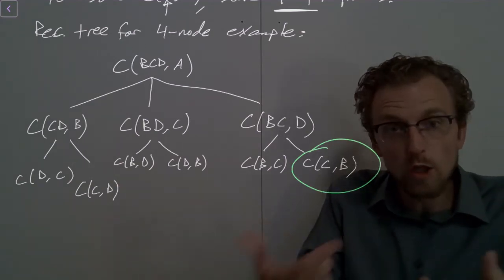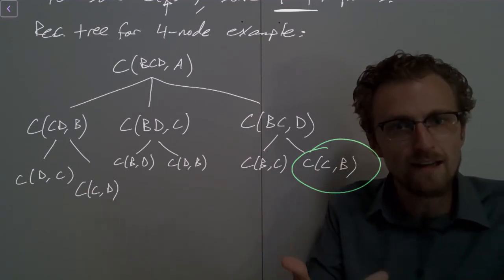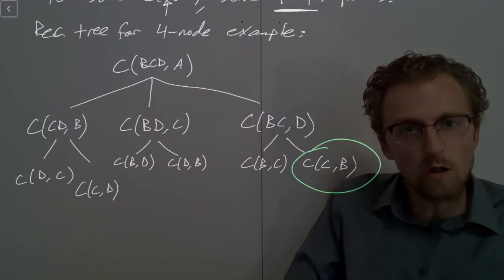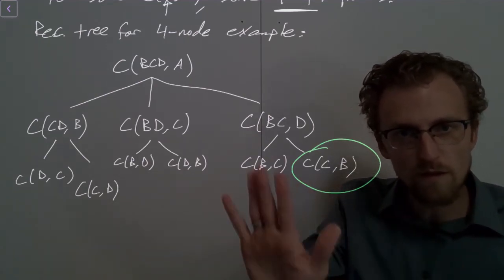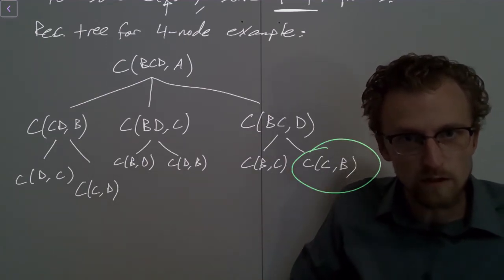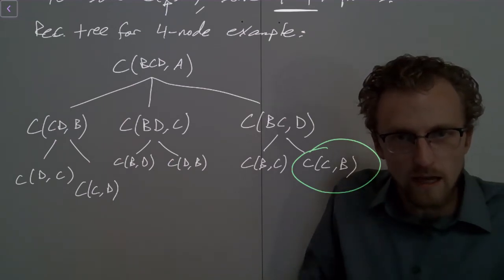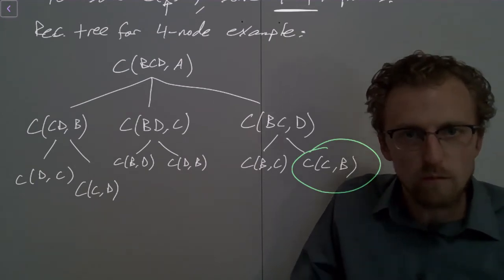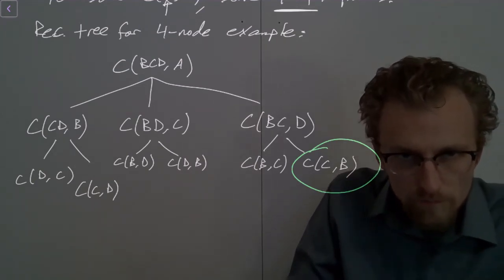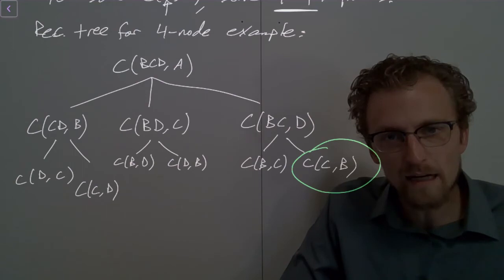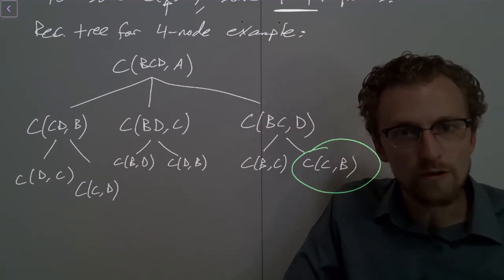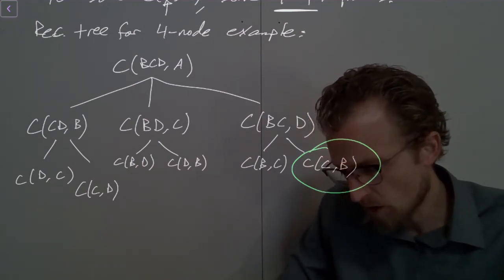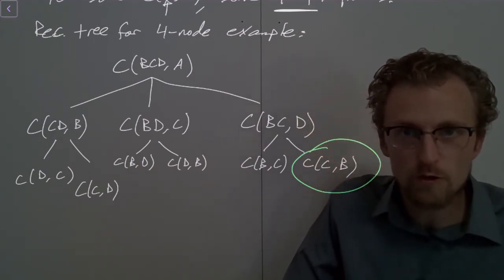That's just go look up the distance from A to C, and then go look up the distance from C to B, and that's your answer. So for all of these leaves, when there's only one thing in the set of intermediate nodes, as there is in all the leaves on this tree, there's no problem to solve. The answer is just given to you. There's only one path from A to B that goes through exactly one node C, and so we just return the cost of that path. So this is the complete recursion tree.